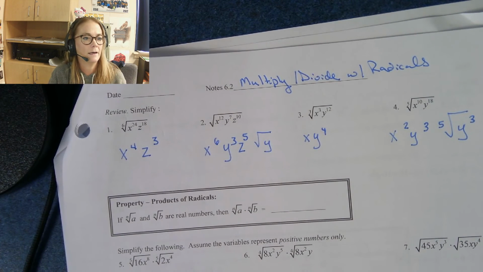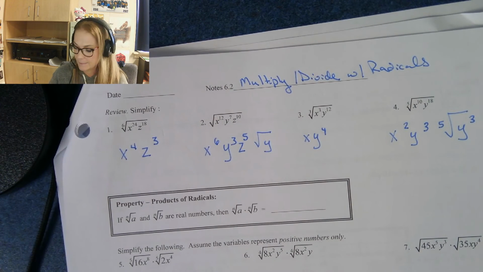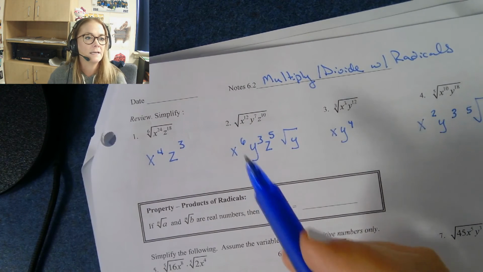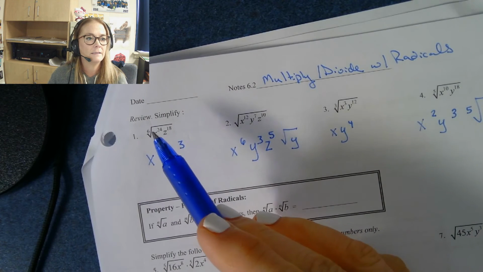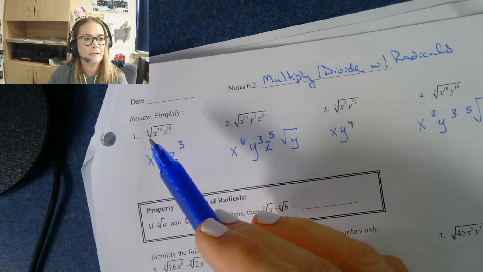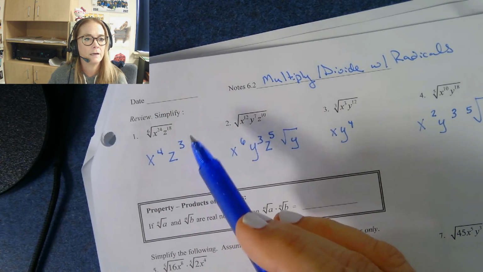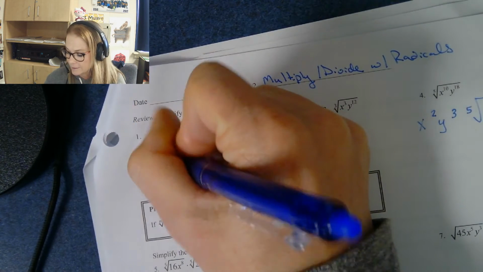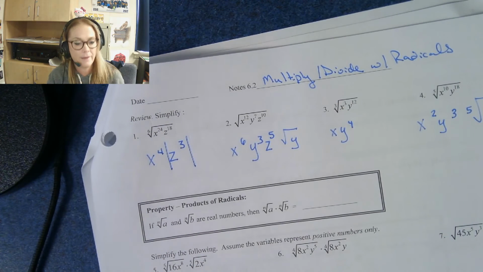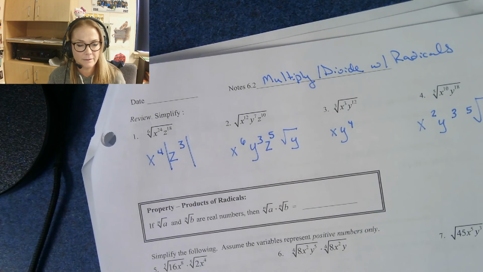There is the property that I skipped in the notes, which does say if you have an even index and even power, and you get an odd result, technically you have to put an absolute value on that. But that comes up so rarely that we're going to skip that.